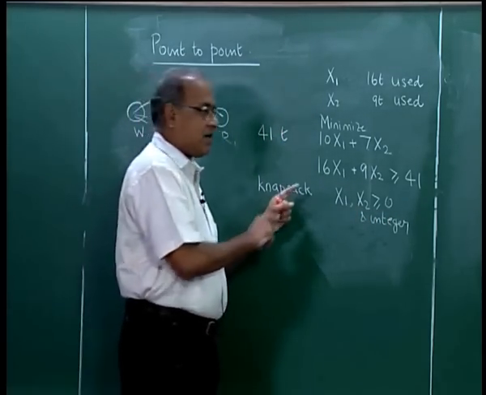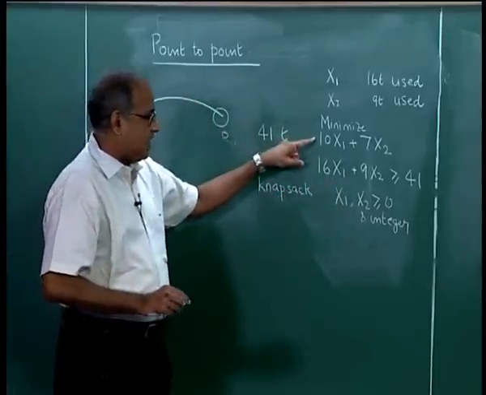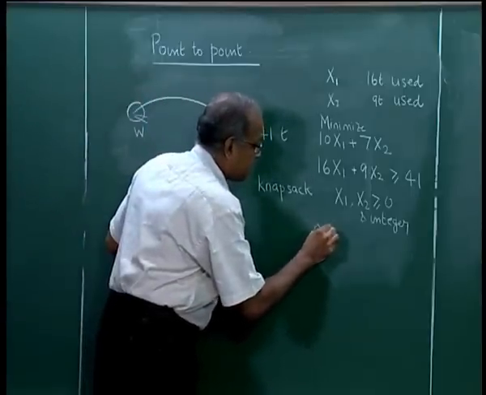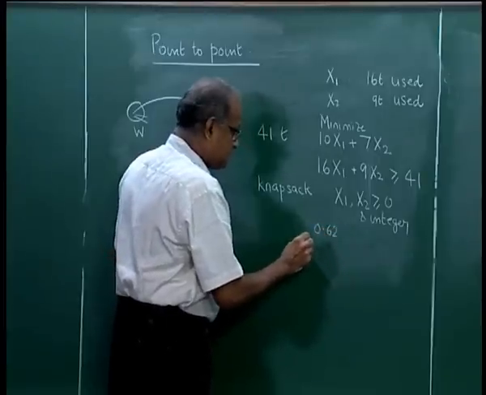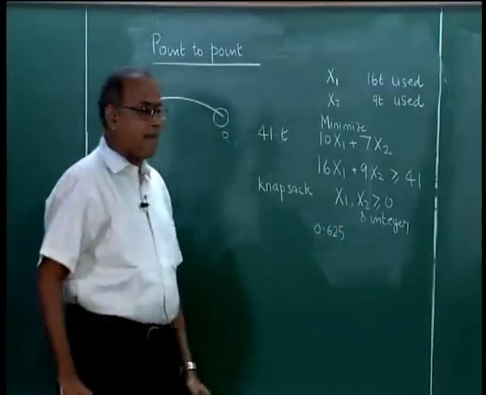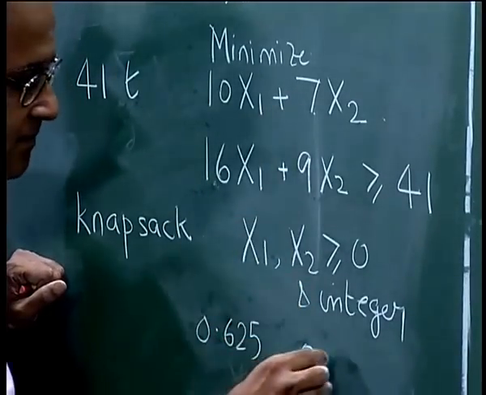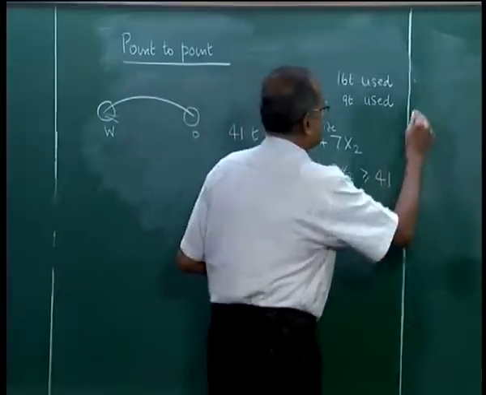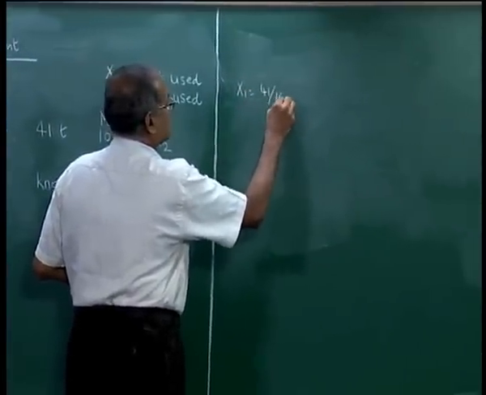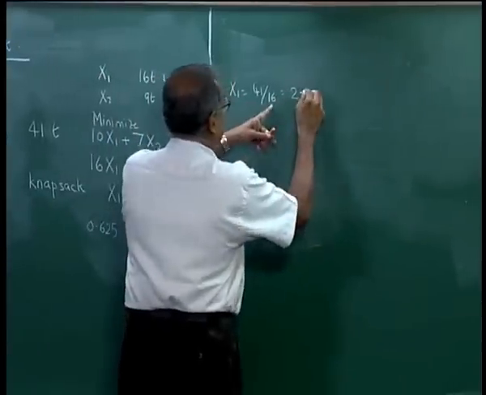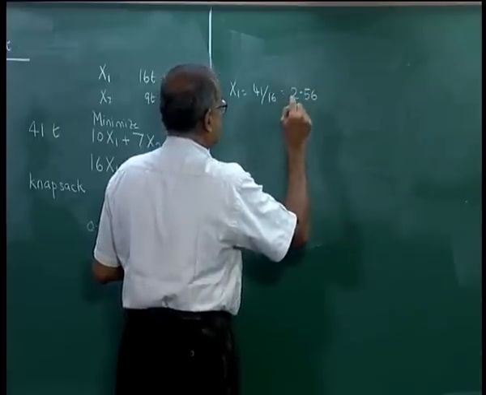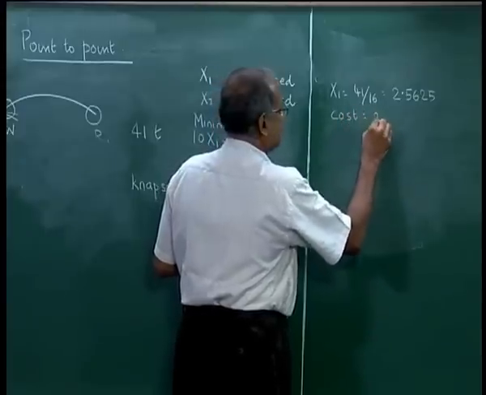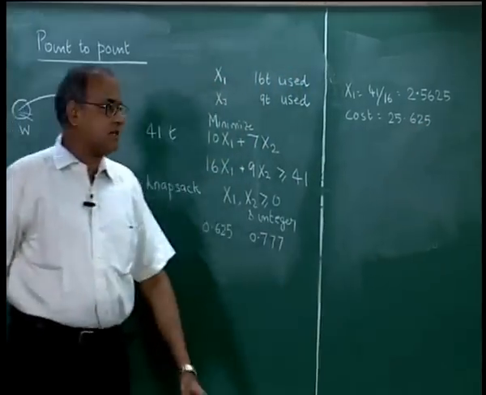Since it is a minimization problem, we can sort the variables in terms of the ratio 10 by 16 and 7 by 9. 10 by 16 is 0.625, 7 by 9 is 0.77. So the LP solution would give us x1 equal to 41 by 16, which is 2.5625, and cost equal to 25.625. So this will be the LP optimum.